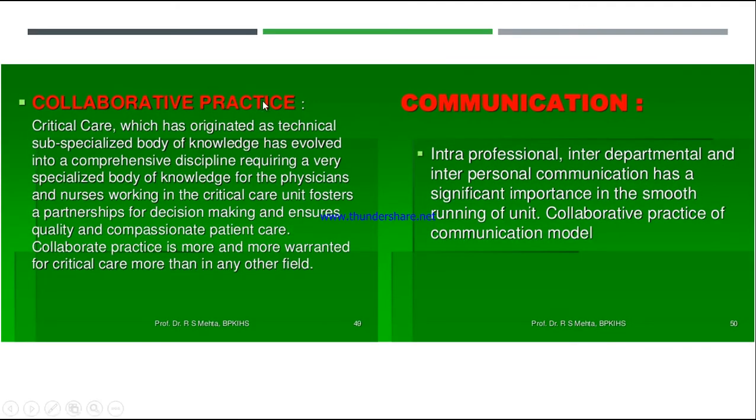The third principle is collaborative practice. What do you mean by collaborative? It means to collaborate, to join, or to have a connection with someone else, right?